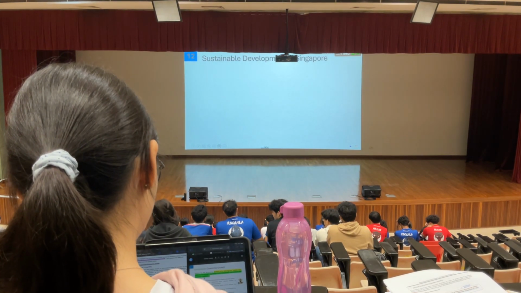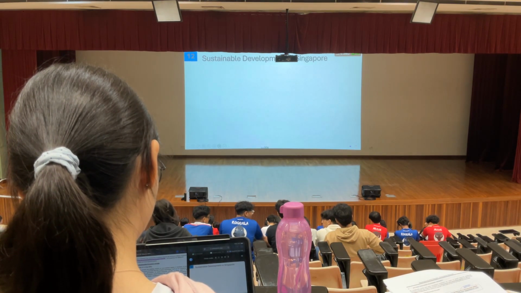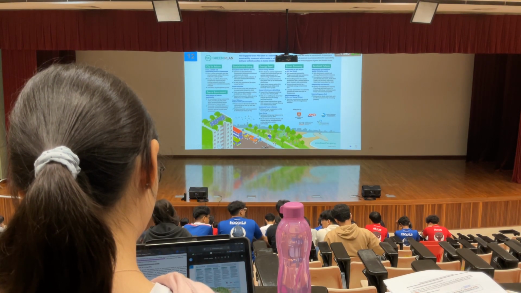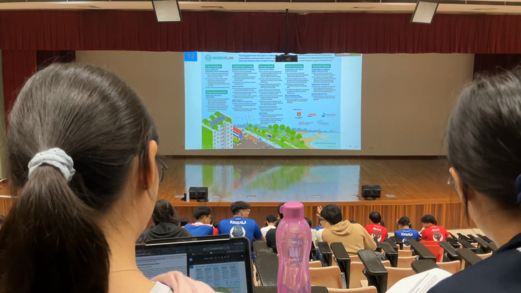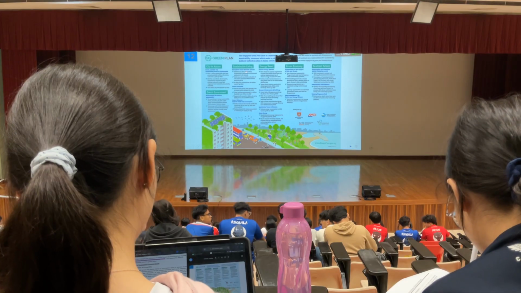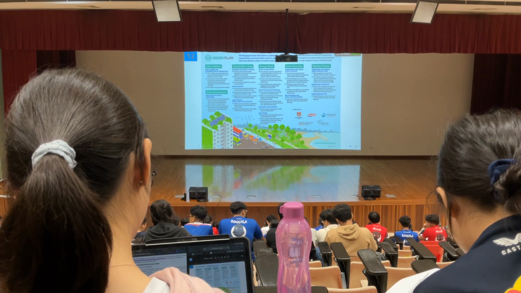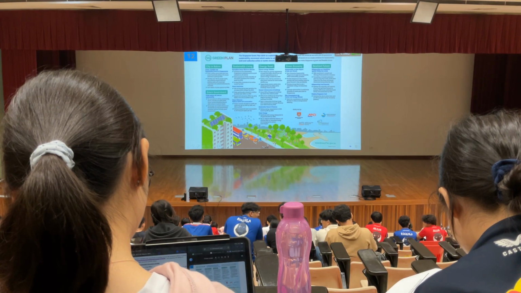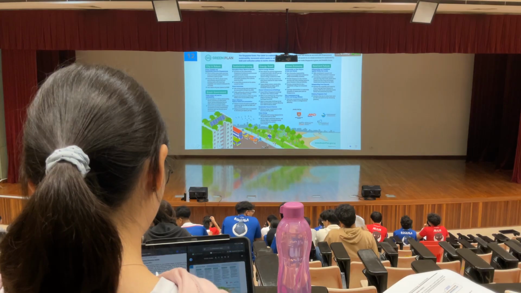Now, what is Singapore's approach to achieving sustainable development? You should know that in Singapore, we have the Green Plan. It is a national sustainability movement to rally collective action to tackle climate change. The long-term goal is to achieve net zero emissions by 2050.